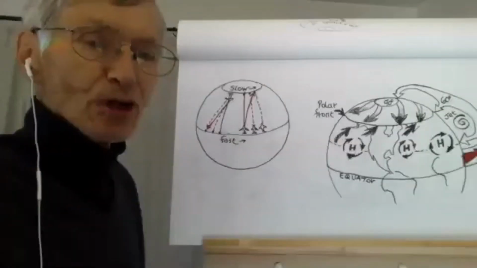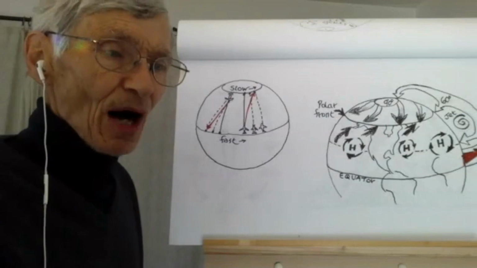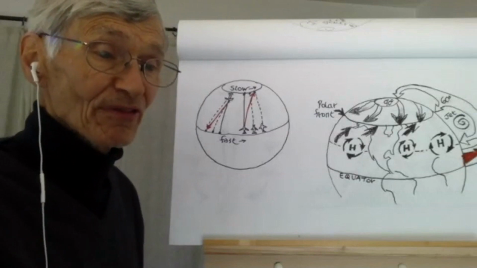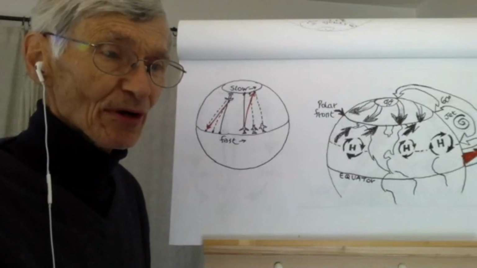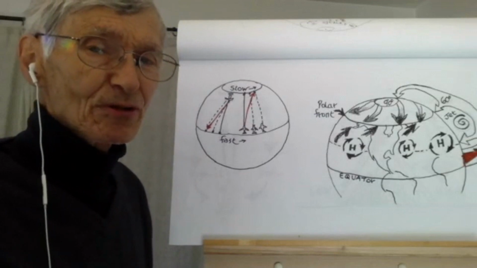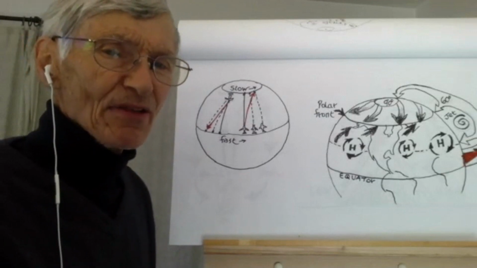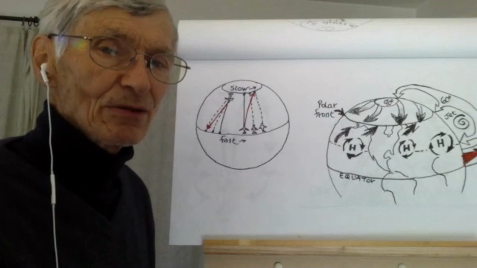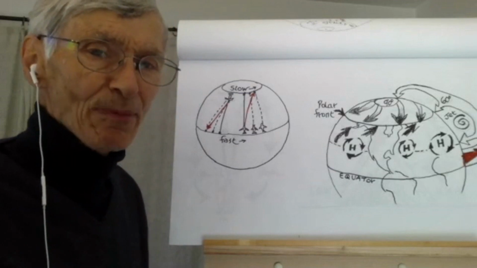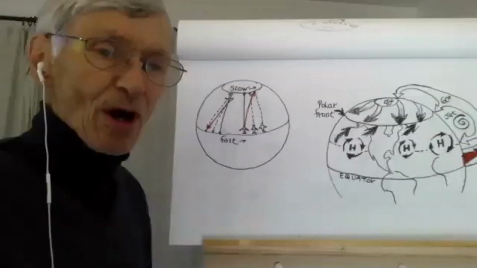So if you drew a line across the top of the Gulf of Mexico there, that is 30 degrees north.